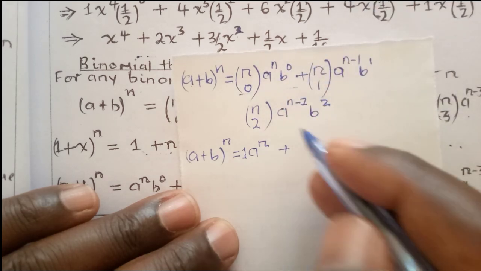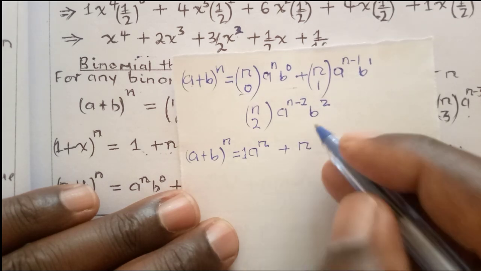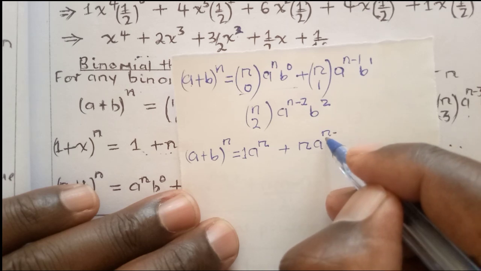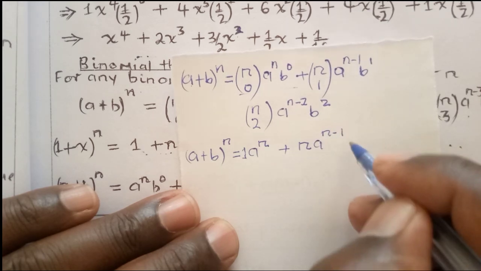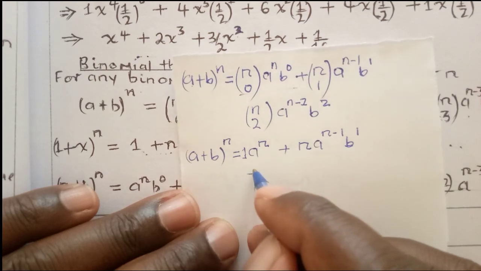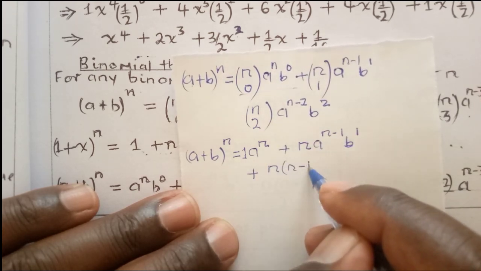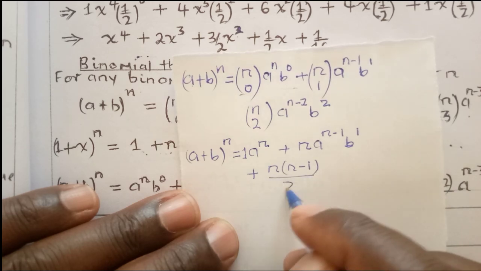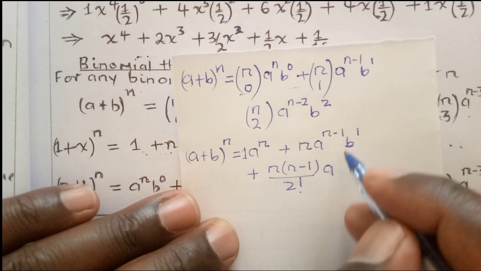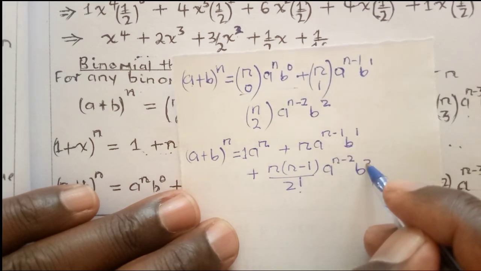Plus n times a raised to n minus 1, b raised to 1, plus this other one will be n(n minus 1) all over 2 factorial, a raised to n minus 2, b squared.